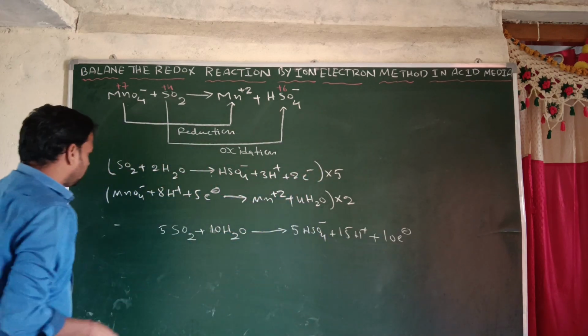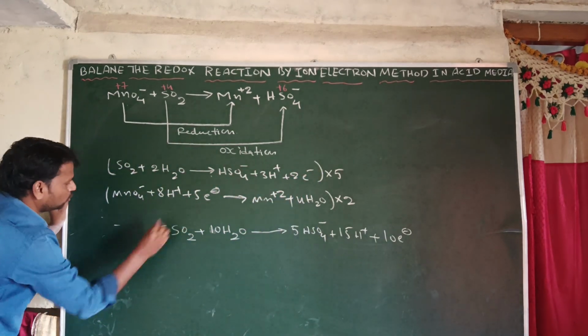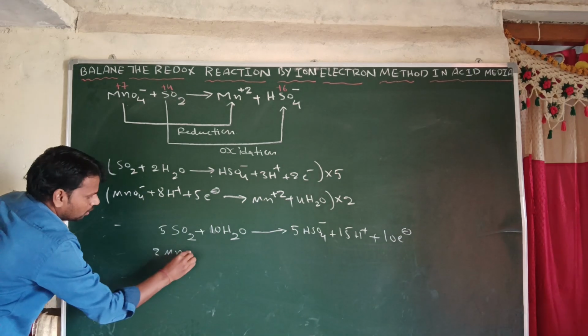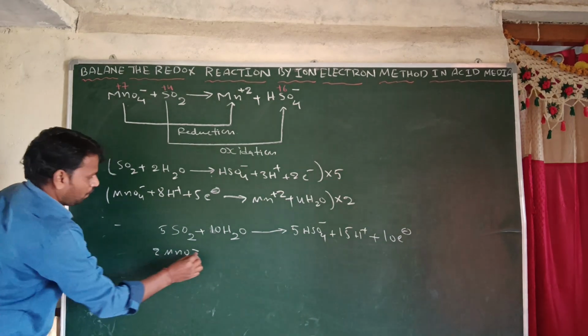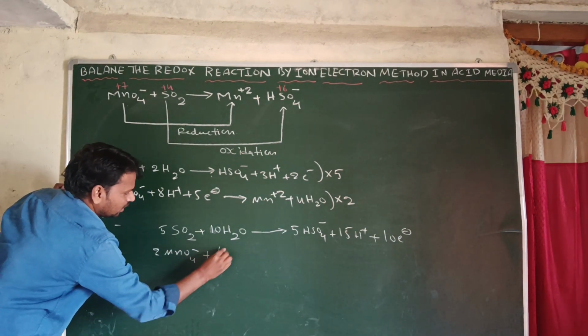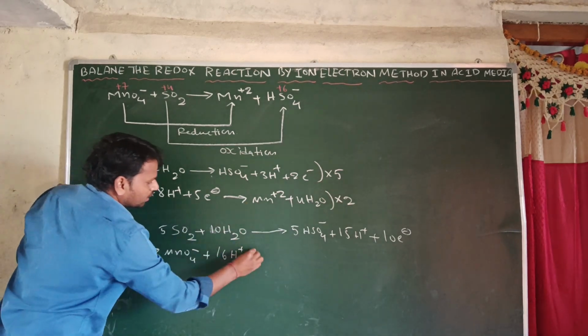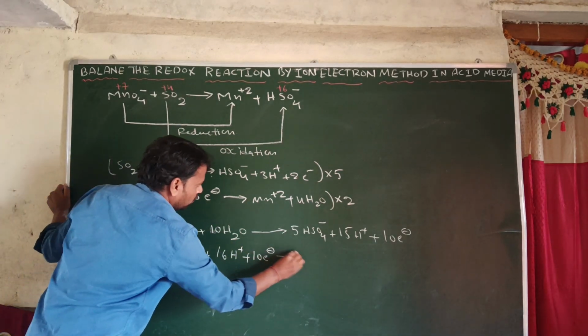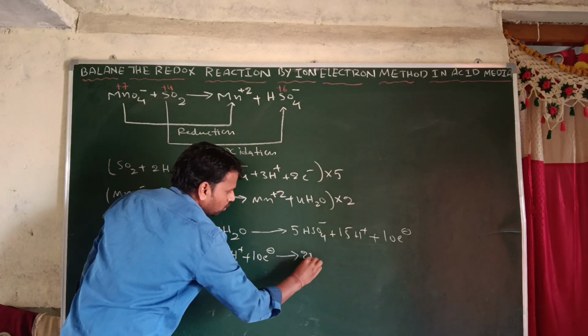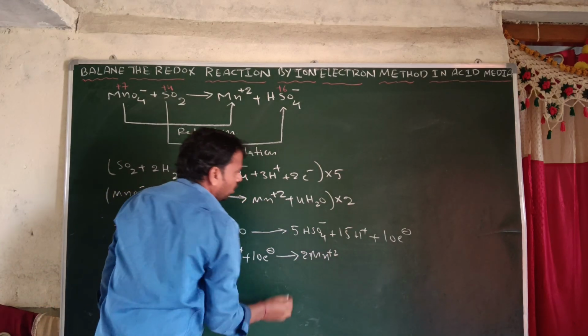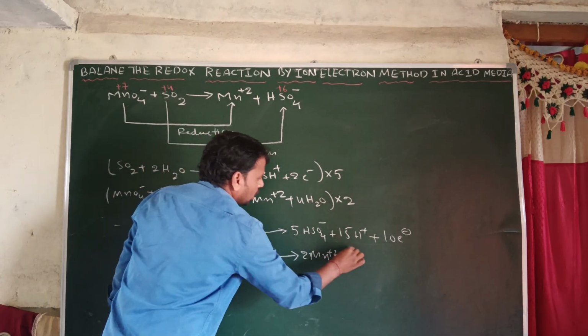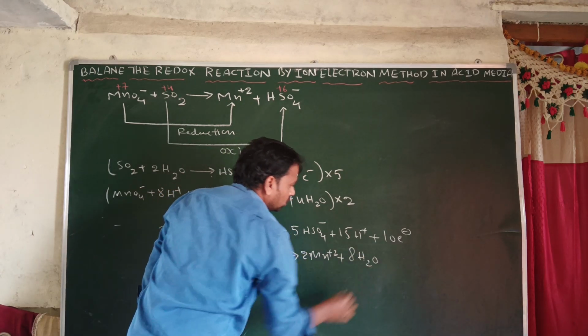Next, the same with the other equation: 2 MnO4 minus plus 2 eights are 16 H plus ions plus 2 fives are 10 electrons gives 2 Mn2+ plus 2 fours are 8 H2O.